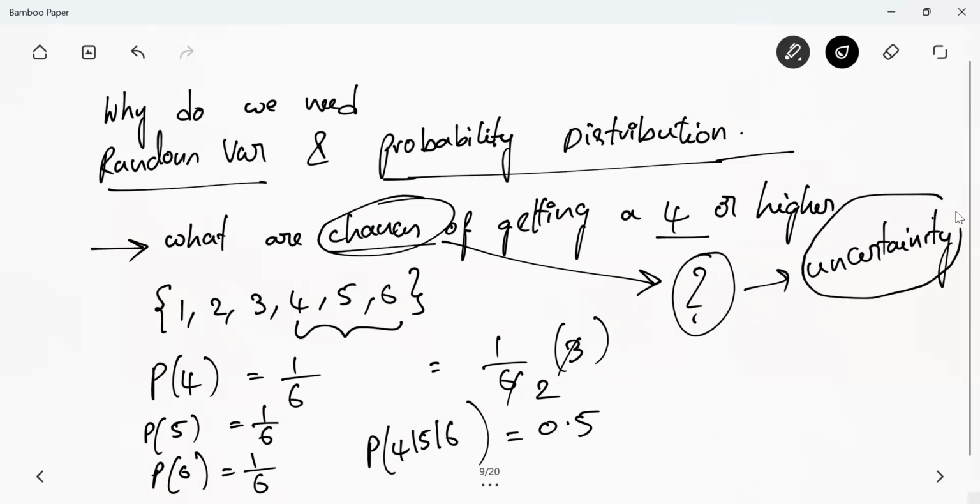Like how uncertain is this? By assigning numbers to the outcomes and organizing probabilities, random variables and distributions let us know, predict, and measure randomness. So basically, with the help of random variables and probability distributions, we can always measure uncertainty as well as randomness.